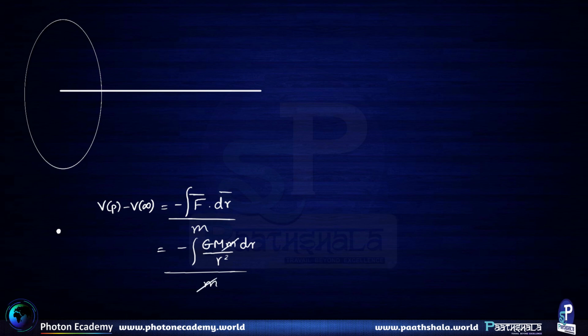So after cancelling out m, we'll get integration of dr upon r square, which happens to be r raised to minus 1 upon minus 1.